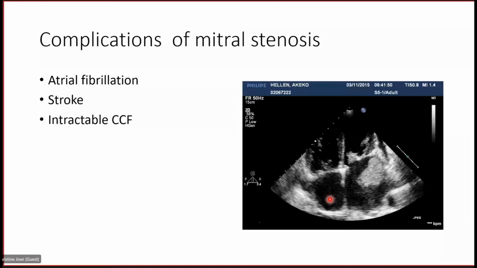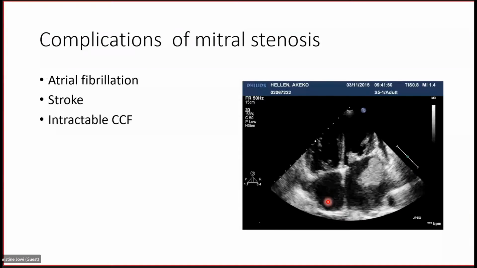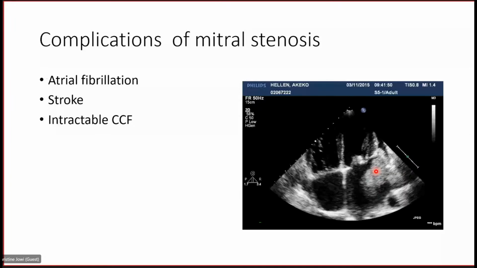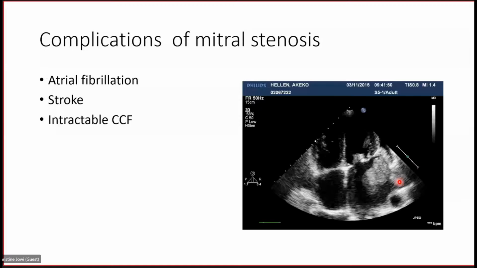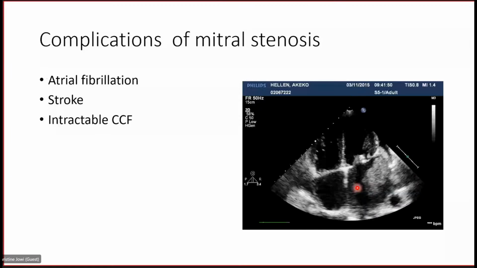These are some of the complications of mitral stenosis. This is a stroke waiting to go. This is a valve which is not opening, and this is a patient in intractable heart failure. So those are some of the terrible pictures I kept to show you.